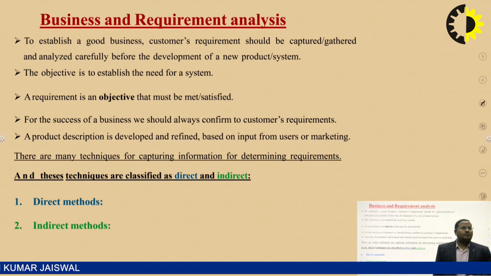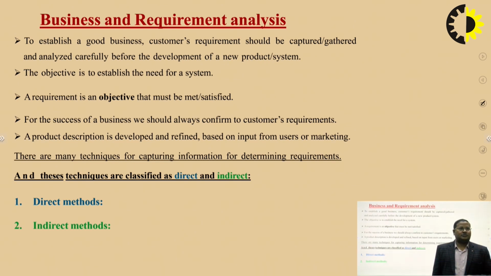Now, business and requirement analysis. To establish a good business, customer requirements should be captured, collected, and analyzed carefully before the development of a new software system, new software product. Here, the objective is to provide for the need of a system.